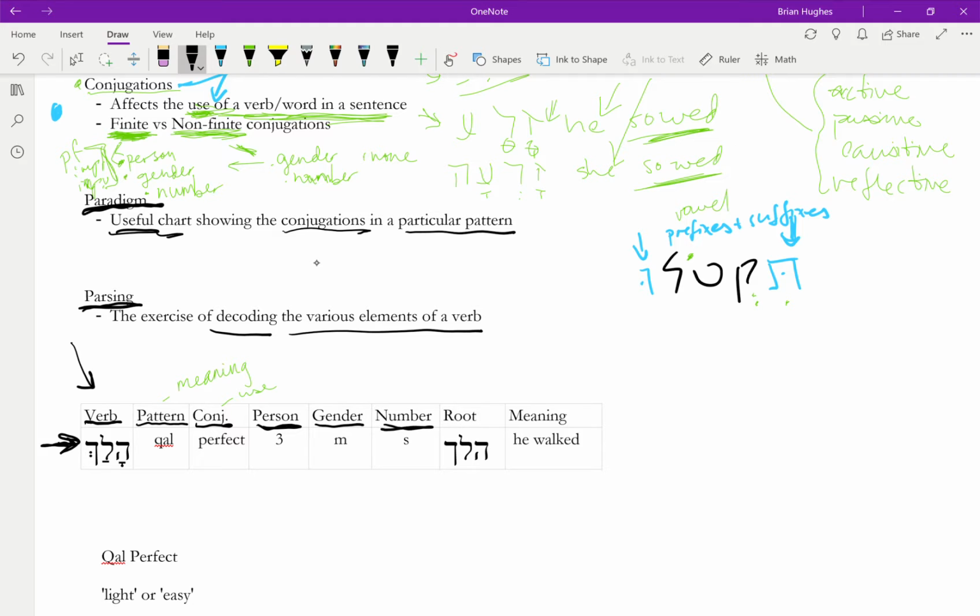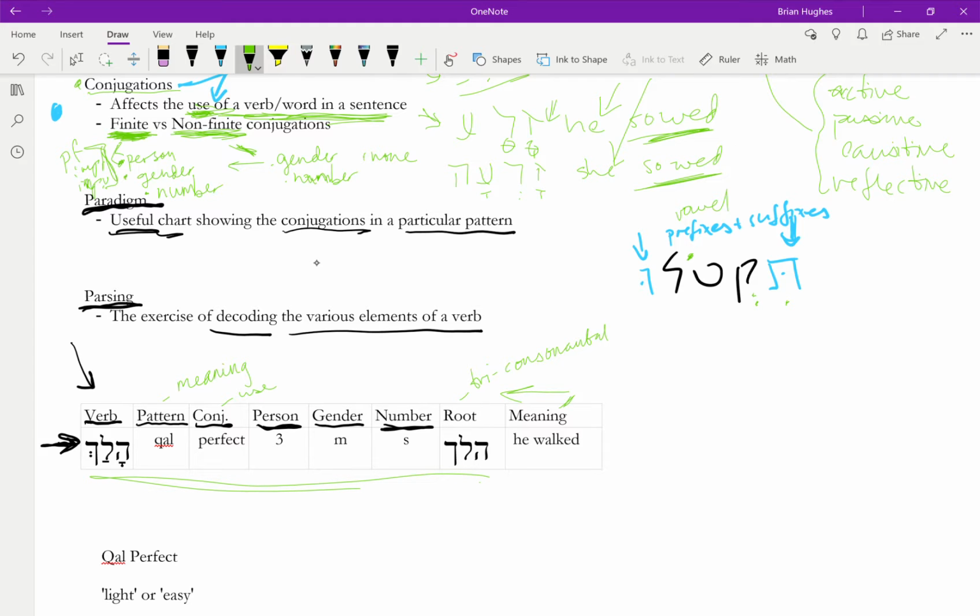They identify the who's doing it. And then the root, this triconsonantal sort of central meaning, family of meanings, is the root. And then I'm going to ask you to give me the meaning. So what I'm asking for is put all the previous boxes together and tell me what this verb means.